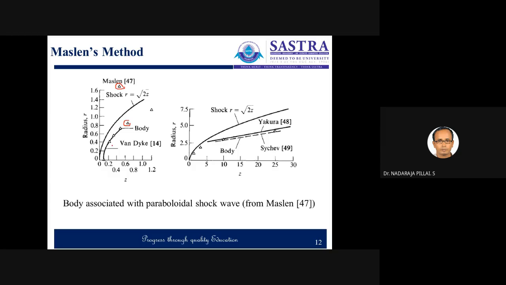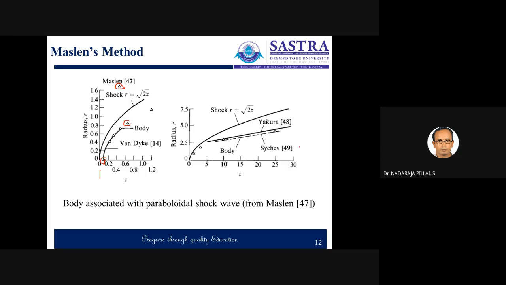Here, at z equal to 0, which is almost in the nose region, it is almost exact when compared to the exact methods.